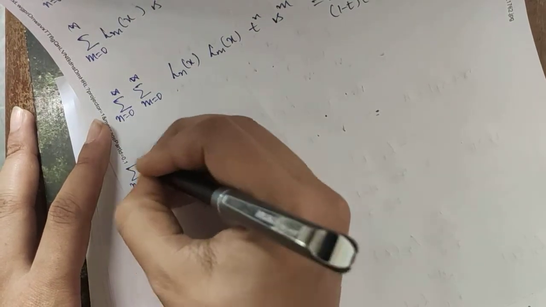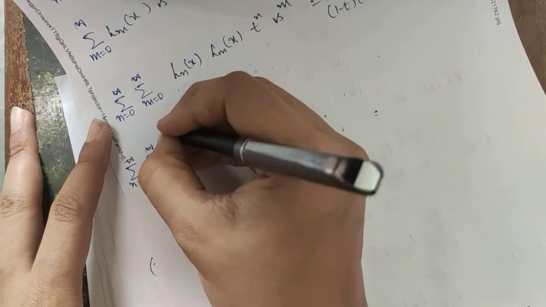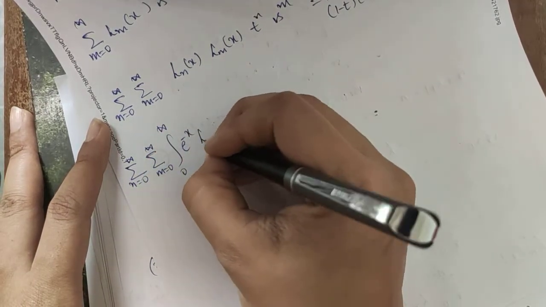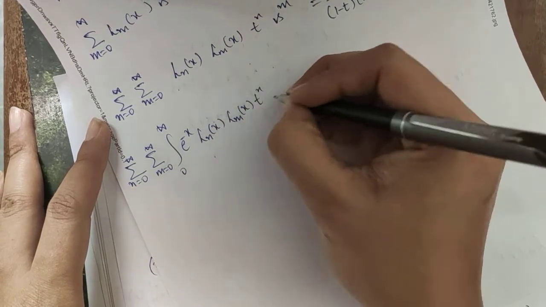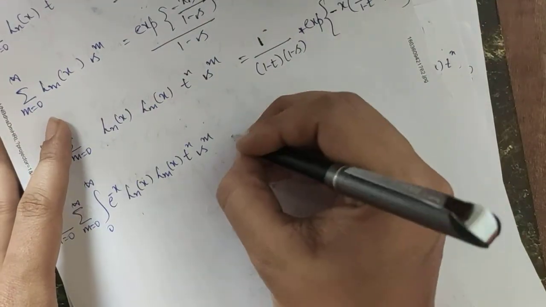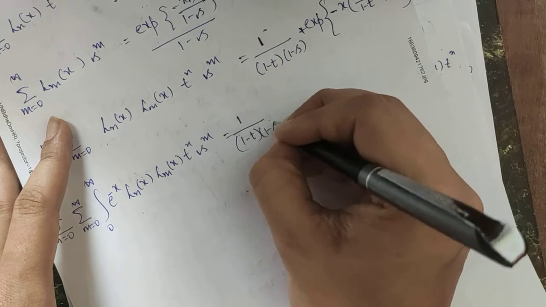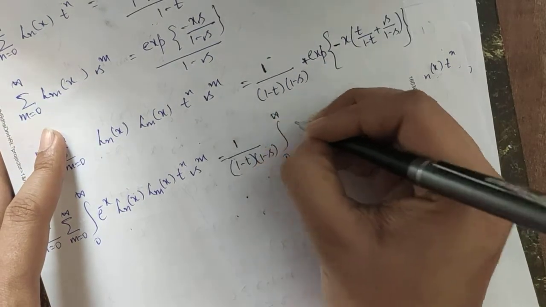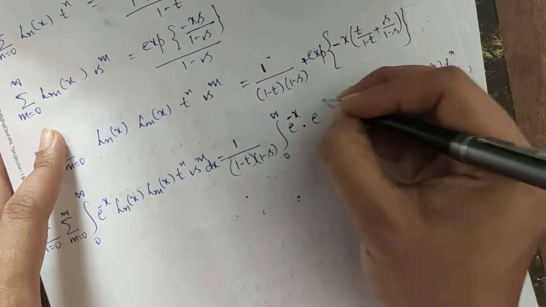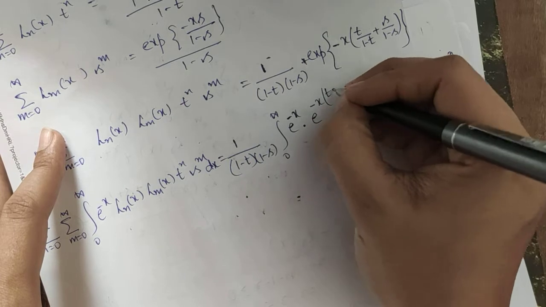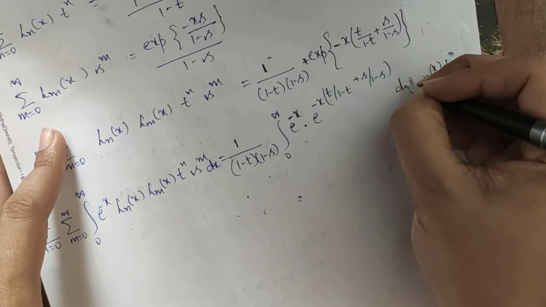Summation n is equal to 0 to infinity summation m is equal to 0 to infinity integral 0 to infinity e power minus x into Ln of x Lm of x t power n s power m is equal to 1 by 1 minus t into 1 minus s integration 0 to infinity into e power minus x into e power minus x of t by 1 minus t plus s by 1 minus s into dx.